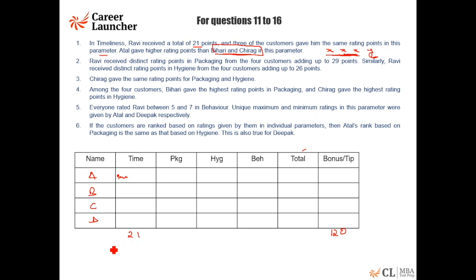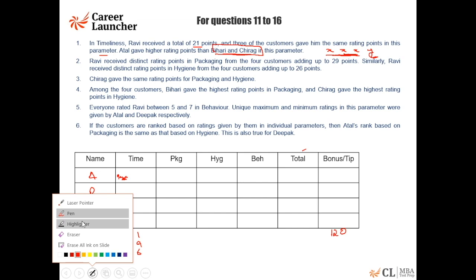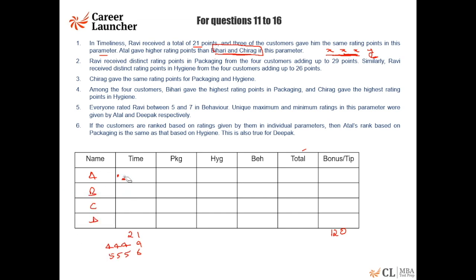So that means the possibilities are 4, 4, 4, 9 or 5, 5, 5, 6. Two cases possible. And obviously this means the rating points by Atal will be either 9 or 6, which is the higher of the higher rating number. Okay. Statement 1 taken care of.